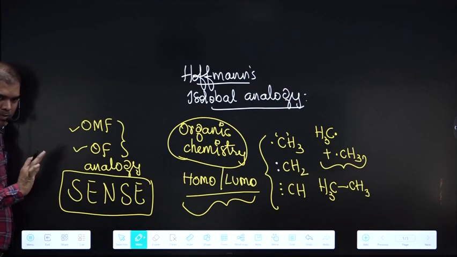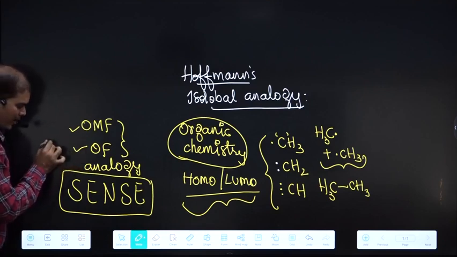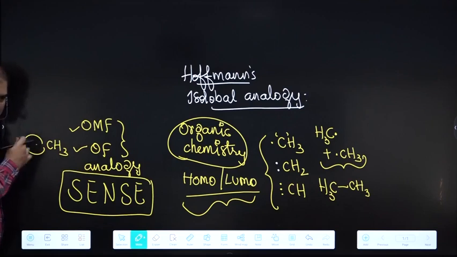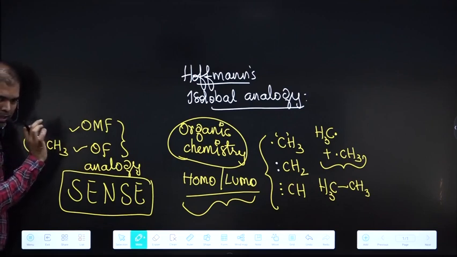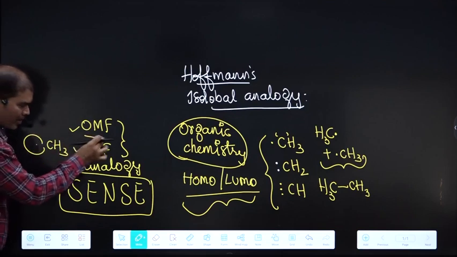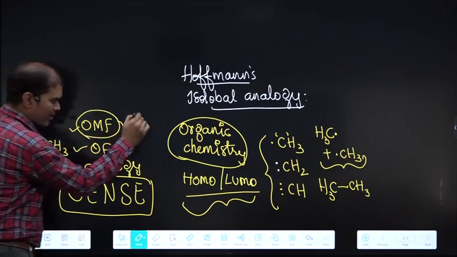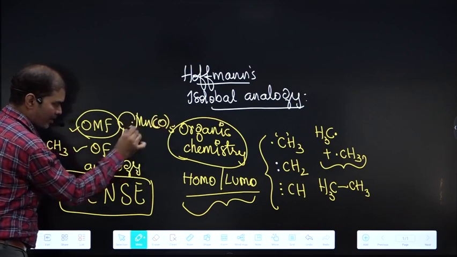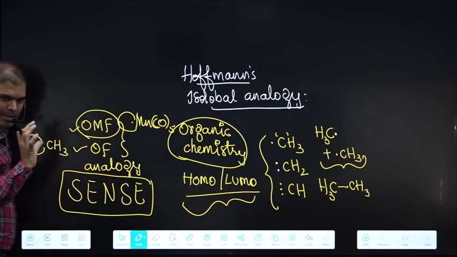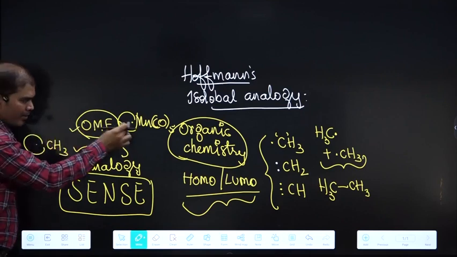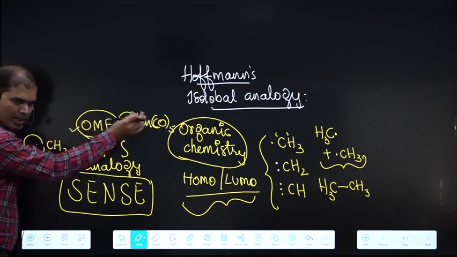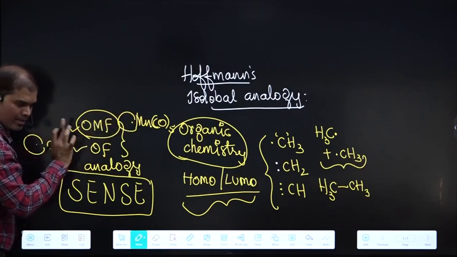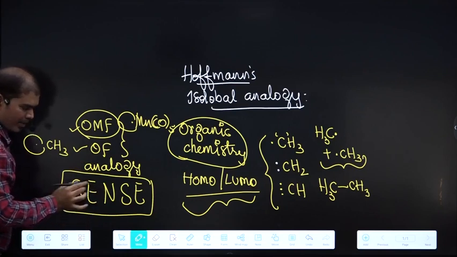Suppose I am taking a methyl, there is only one orbital in its frontier which is taking up one electron. If I take another organometallic fragment, suppose MnCO5 radical, it will also have a similar orbital in the frontier zone which is taking up one electron. There should be some matching features between these two fragments. What are these matching features? Just let us look here.